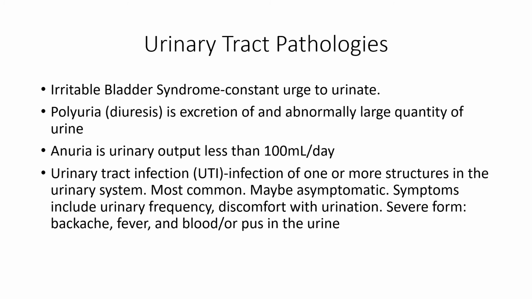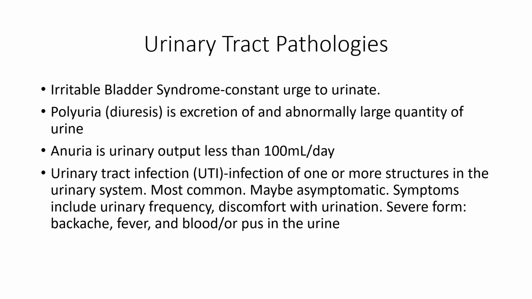Polyuria, poly means many, a lot. So polyuria is more of the peeing out or urinating more, excessive urination. Anuria is more of not being able to urinate. And the classic urinary tract infection, UTIs, tends to be more common in females than in males.